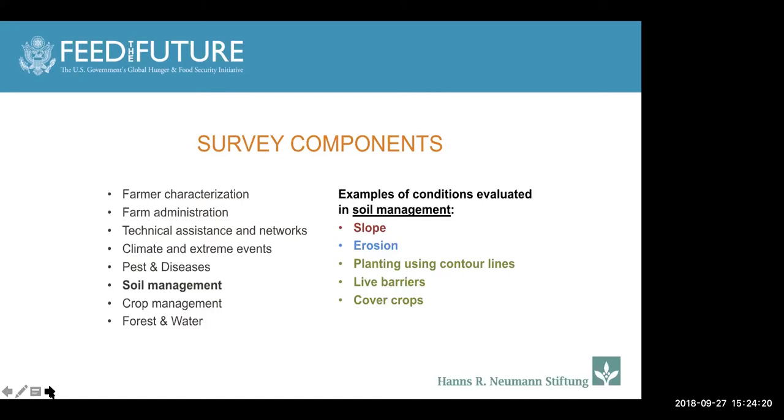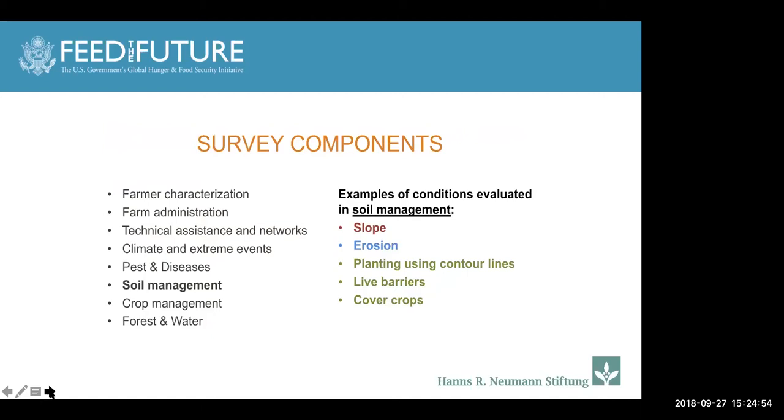Then we start to analyze how he is doing the farm administration, how the farmer received technical assistance, and what are the current networks that he has, what are the climate and extreme events that he has been suffering in the last years, what is the presence of pests and diseases, which conditions he has in soil management, how he is managing the coffee crop, and then how he is protecting the forest and the water.